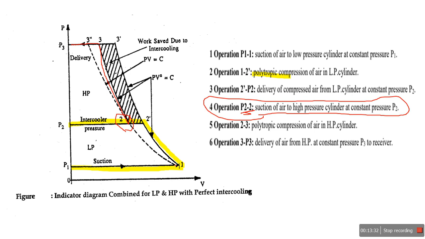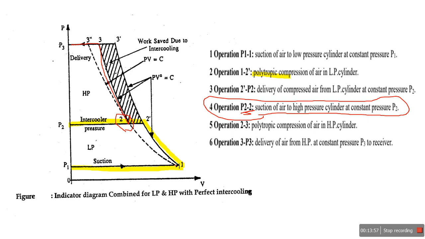Perfect intercooling in a two stage compressor means that after the initial compression in the low pressure cylinder with its temperature rise, the air is cooled in an intercooler back to its original temperature. That is, if T2 is the temperature after compression in the low pressure cylinder, and T1 is the suction or original temperature to the low pressure cylinder, for perfect intercooling T2 is equal to T1.